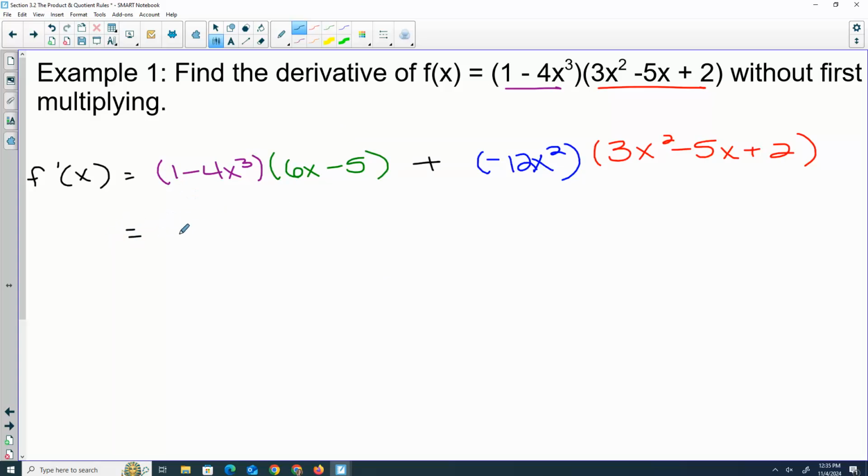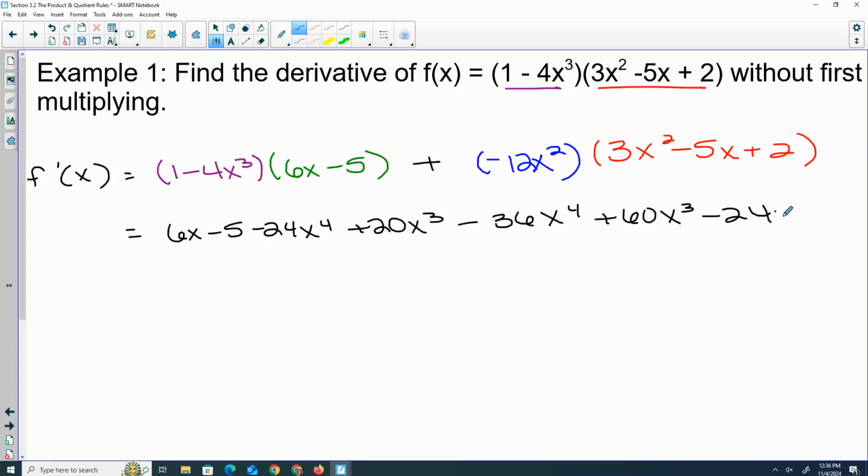So if we FOIL the first, we get 6x minus 5 minus 24x to the fourth. It's 20x cubed. Distribute the negative 12 through the second one. All right, then we are trying to combine any like terms.